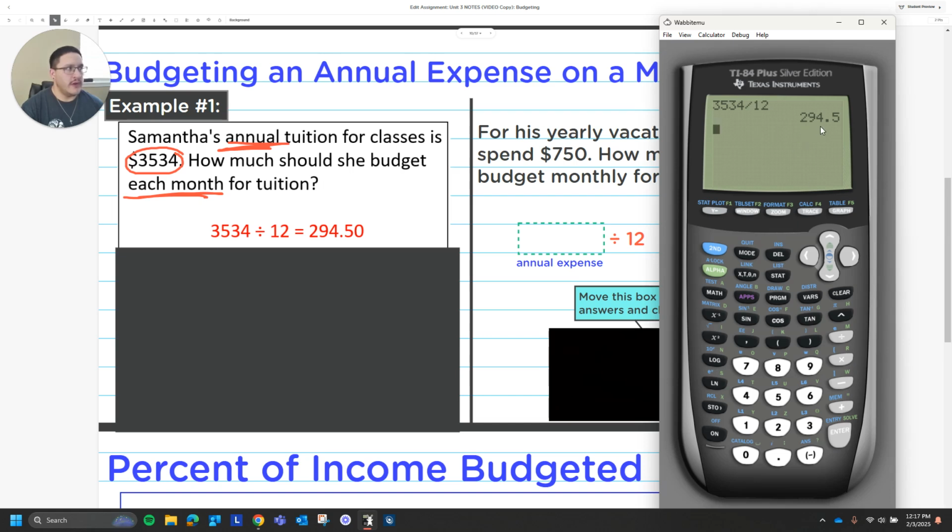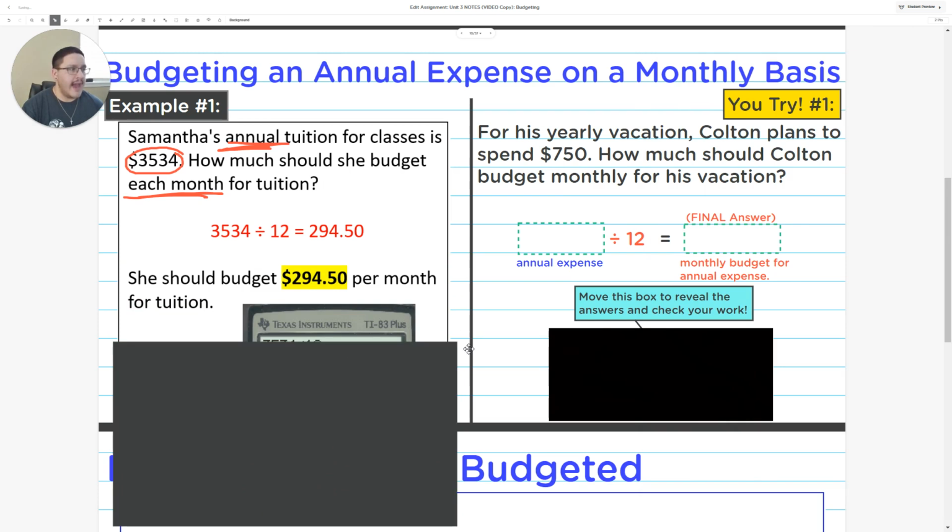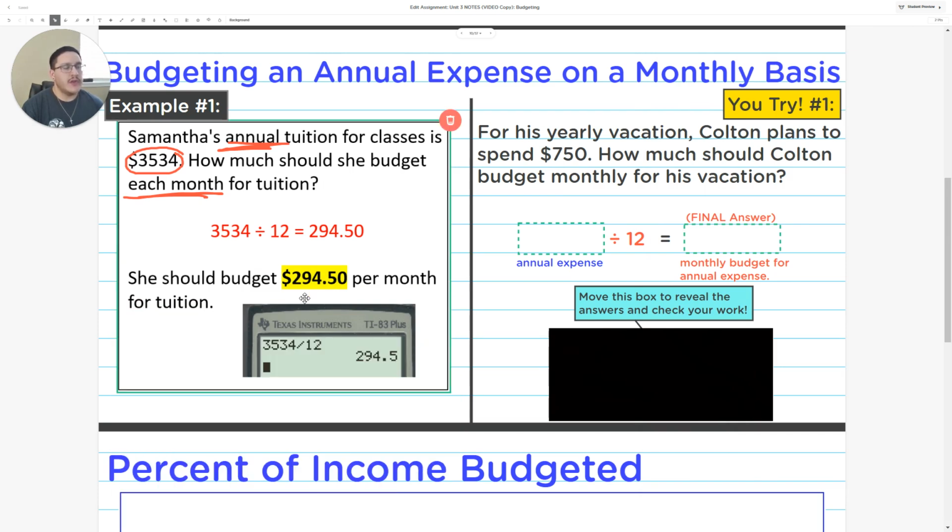And we get $294.50, meaning every month she needs to save close to $300, $294.50 per month in order to afford her annual tuition fee of $3,534 that she has to pay once per year. So as time goes on, she has to save that much money to pay it off.